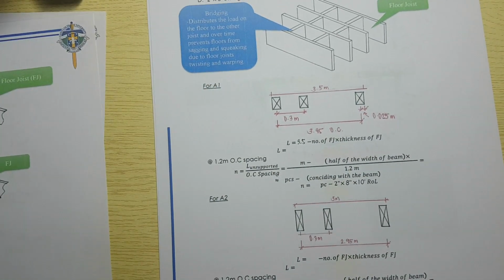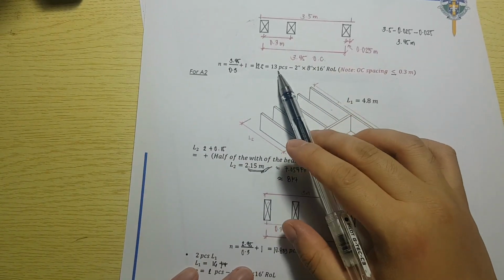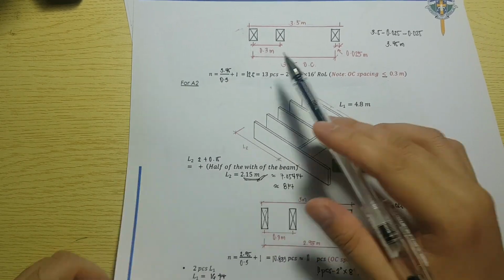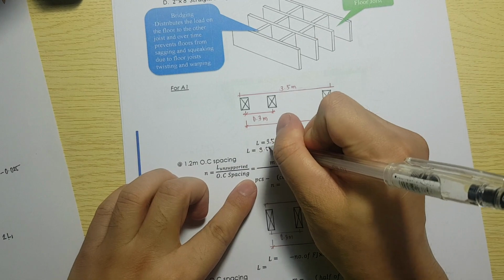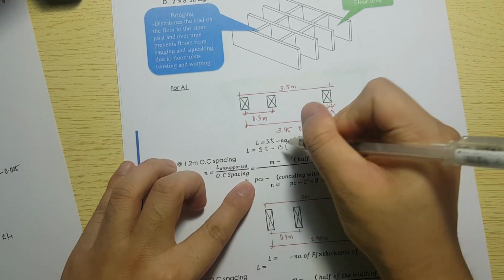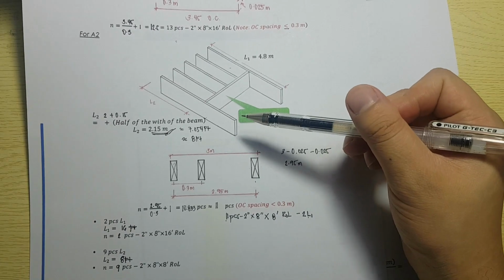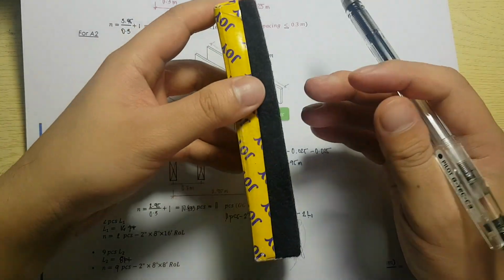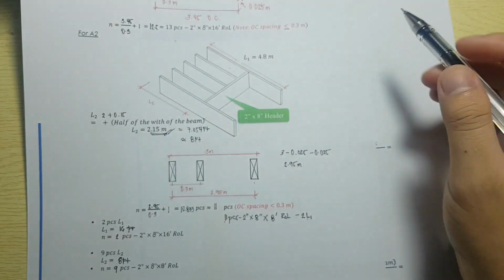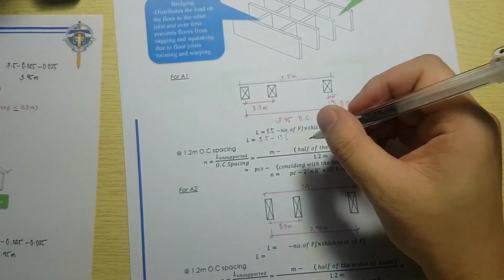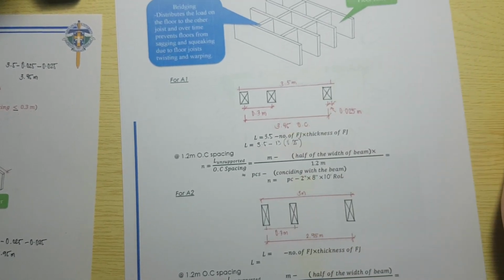So for area 1, we were able to solve for 13 pieces of floor joist. So that would be 3.5 minus 13. Now, what is the thickness of the floor joist? The thickness of the floor joist, take note, it is 2 inch by 3 inch. So, it would be 0.05 meters.